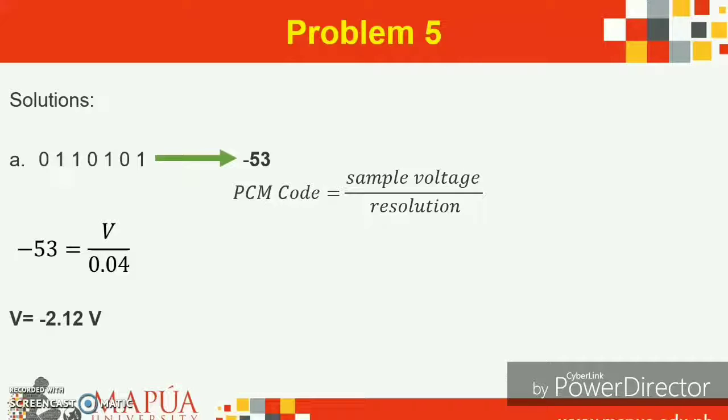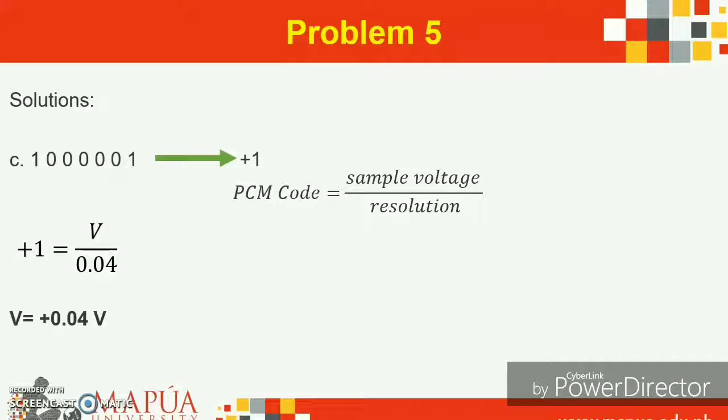So by using the formula, we're able to solve the sample voltage as negative 2.12 volts. For letter B, we'll do the same. It has a sign bit of 0 and magnitude bits of 0, 0, 0, 0, 1, 1, which is equal to negative 3. So again, we use the same formula. Multiply negative 3 by 0.04, and we have our sample voltage equal to negative 0.12 volts.